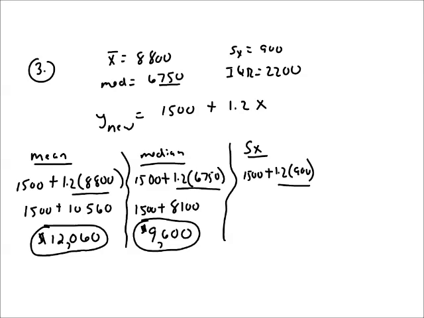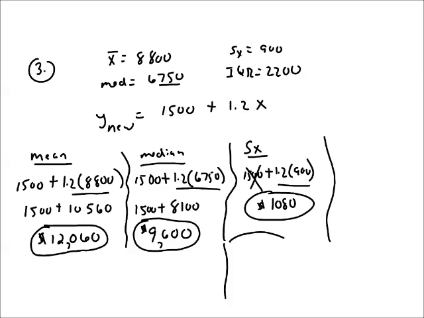Do 1.2 times 900. It's 1,080. And I do not add the 1,500 because we don't add for spread. And IQR, 1,500 plus 1.2 times 2,200. So 1.2 times 2,200 is 2,640. And we do not add for spread.